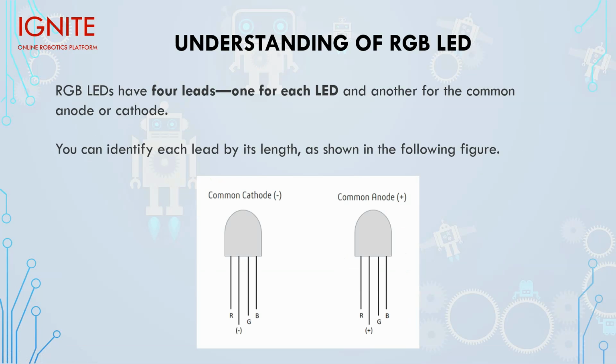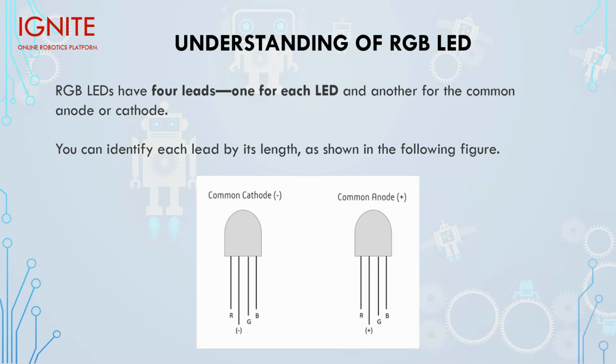Understanding of the RGB LED. RGB LEDs have four leads: three leads, one for each LED, and one for the common anode or cathode. You can identify each lead by its length as shown.